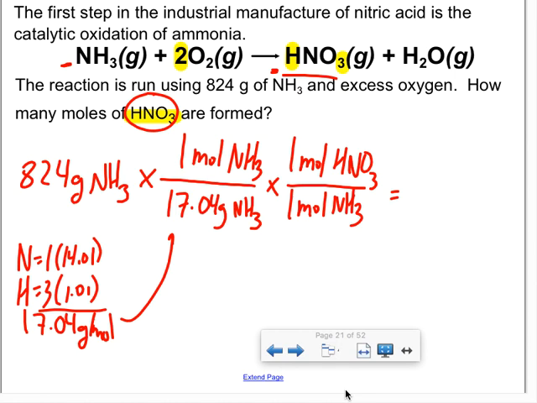So you just multiply this across. 824 grams times 1 divided by 17.04 times 1 divided by 1 gives me 48 point, I don't know, somewhere around 3.5. The unit is moles.